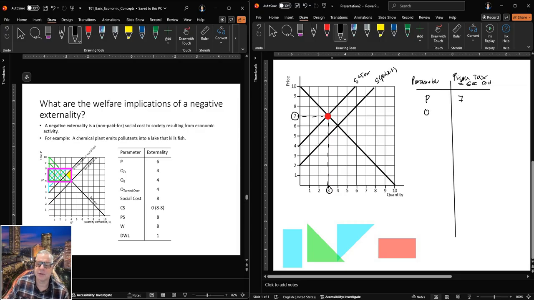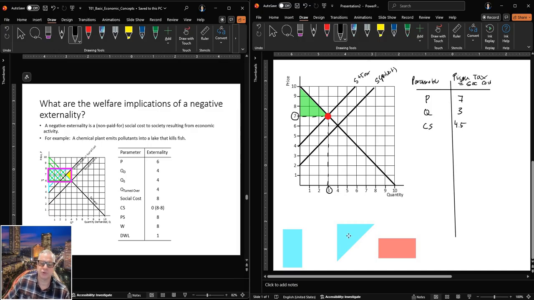The quantity turned over, which is equal quantity demanded, quantity supplied, is now 3. So now what is consumer surplus? Well, consumer surplus is now this one. So that's 4.5.